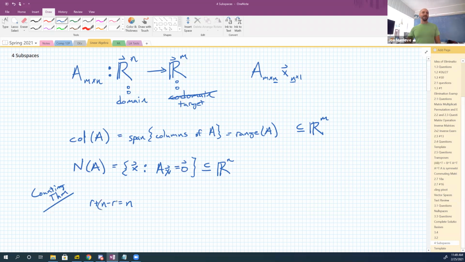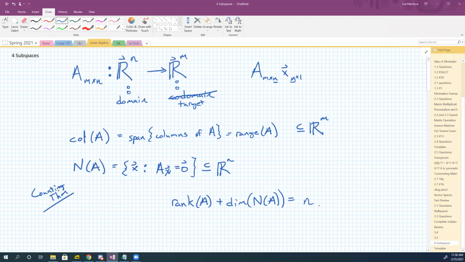Yeah, so it does boil down to r plus n minus r is n, but that's a little bit much because that's true of numbers, right? So this is special in that this is the rank of A plus the nullity, which is really the dimension of the null space of A, is equal to the dimension of the domain. So I'm going to leave that as lowercase n.